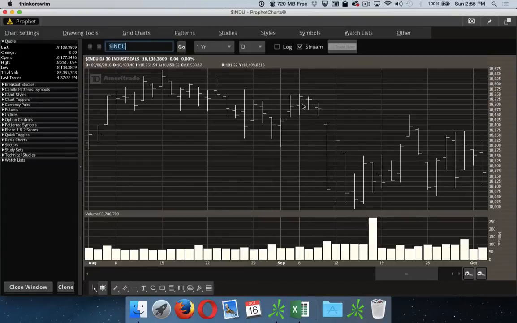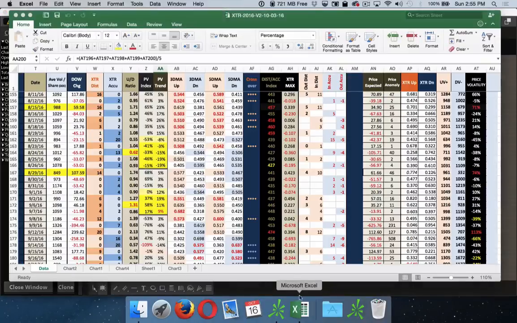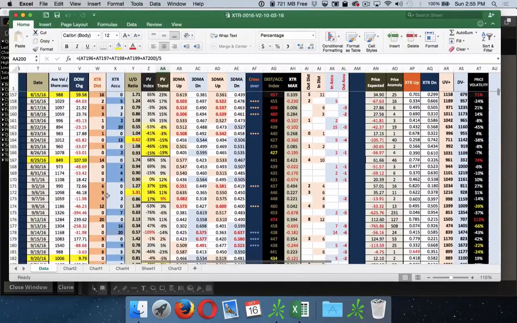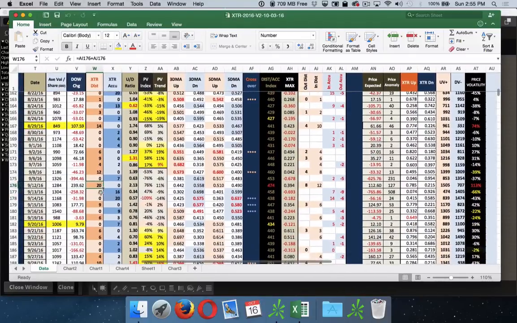But then we basically went sideways to a little bit higher right here. This is where the market started to turn again, and that was on September 6th. If we take a look at September 6th, you can see that whole period, the 2nd, the 6th, the 7th, and the 8th, a huge amount of distribution, which terminated on the 12th. So there was a whole block here of a large amount of distribution.